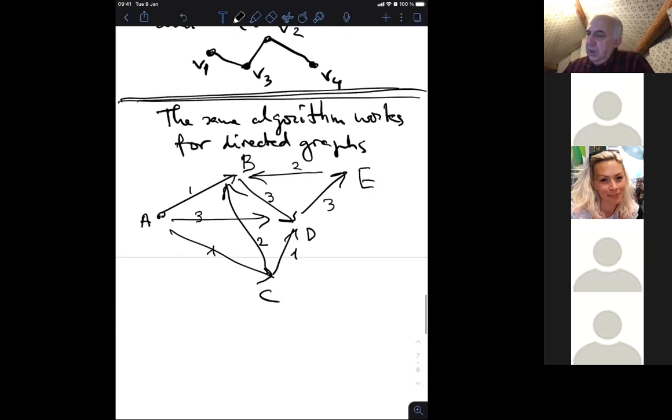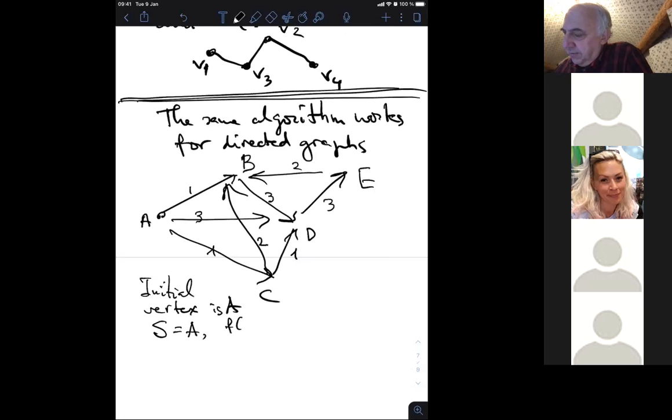So my initial vertex is A. So I'm initializing my set S as A, and the labels would be f of A is A, 0, and for the rest of the vertices it would be A and plus infinity.